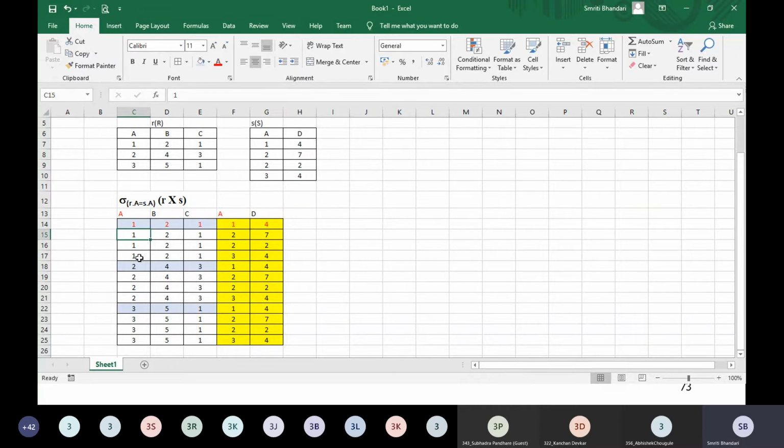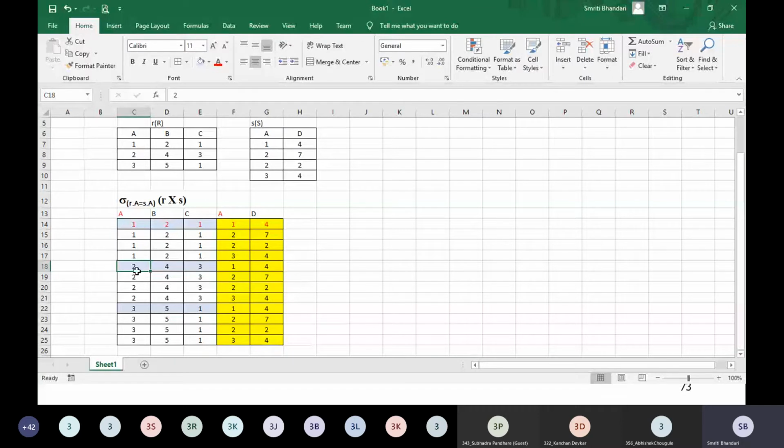So we need to pick this tuple. Now, for this, whether R dot A is equal to S dot A, no. So we need not pick this tuple. Whether R dot A equal to S dot A, no. Here, R dot A equal to S dot A, no. So we need not select those tuples.